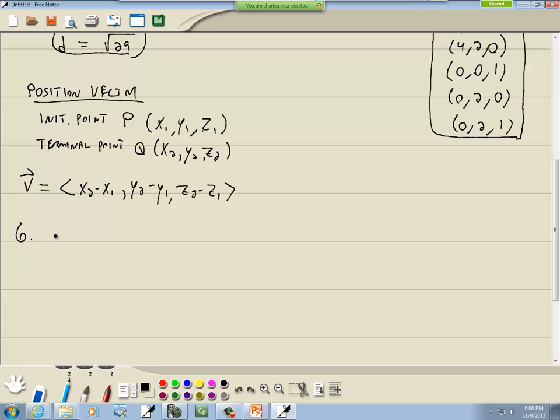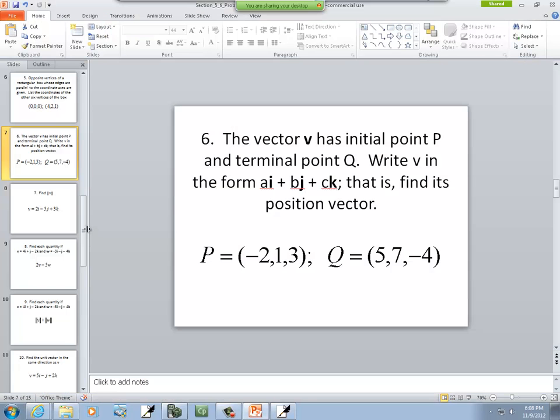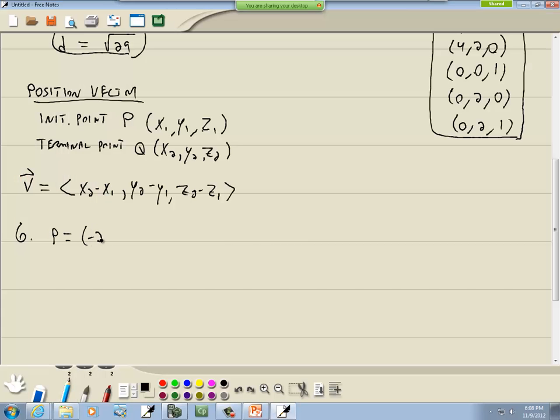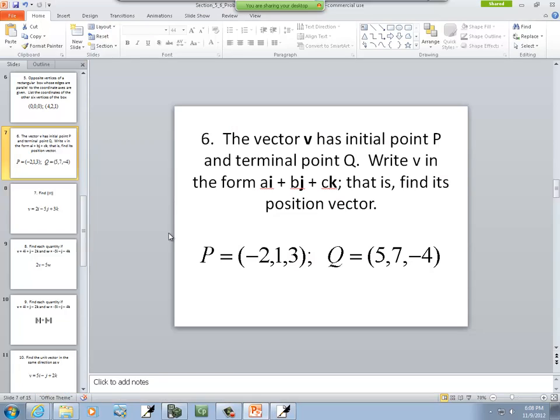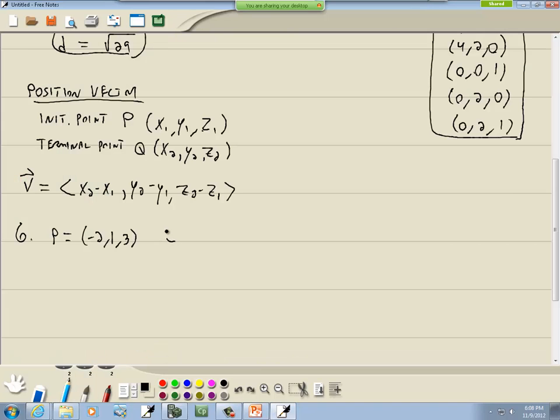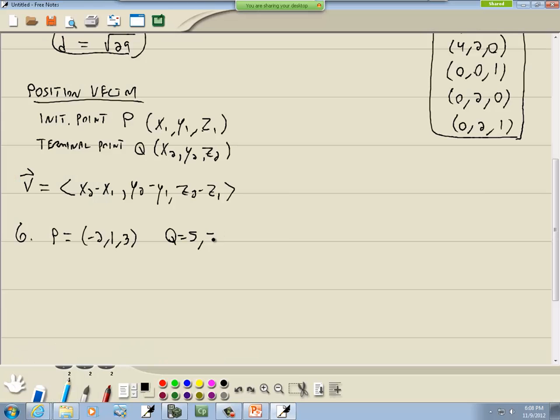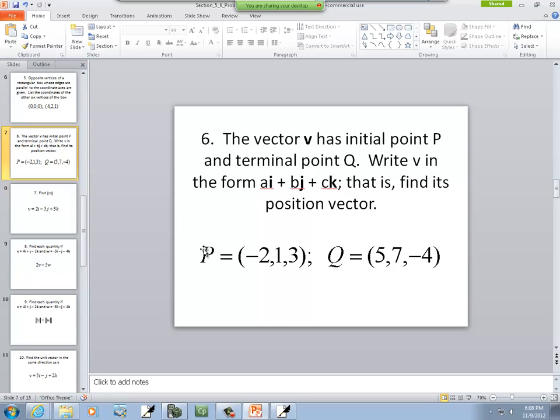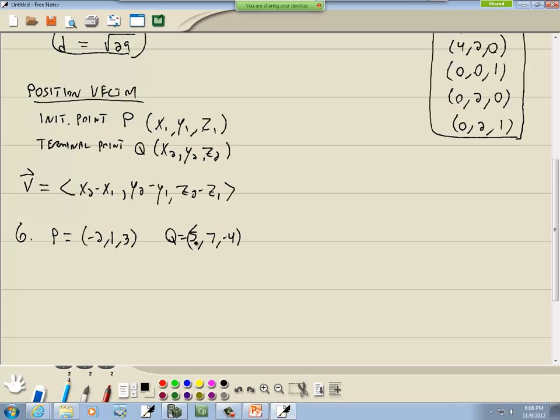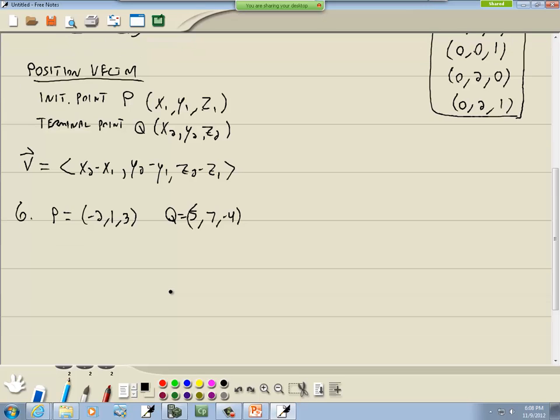Number 6. We got p is equal to -2, 1, 3. And q is equal to 5, 7, and -4. And we want the position vector. And after we get it into the form I listed up above, then we're going to rewrite it and explain what all that means.